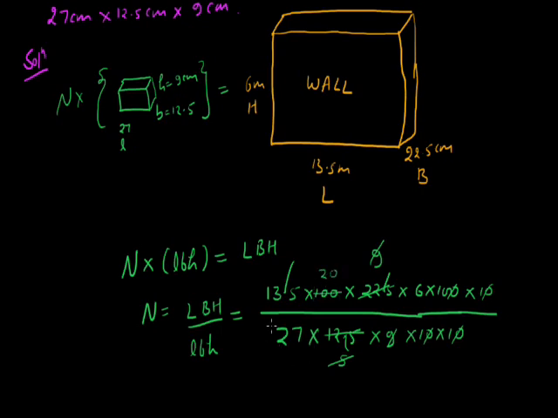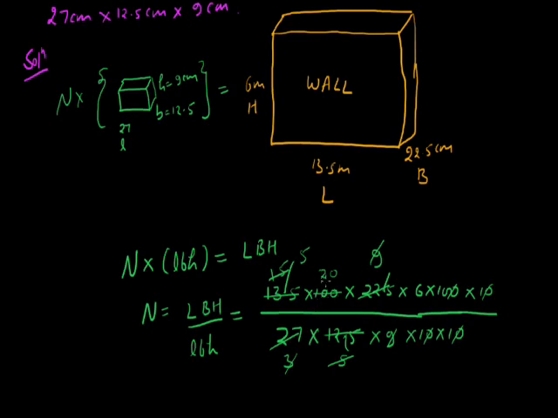Now 135 and 27 get cancelled with, let's say, 9. 9 3s are 27, and 135 is cancelled with 9, 15 times, and 15 is cancelled with 3, 5 times. So what is our answer?